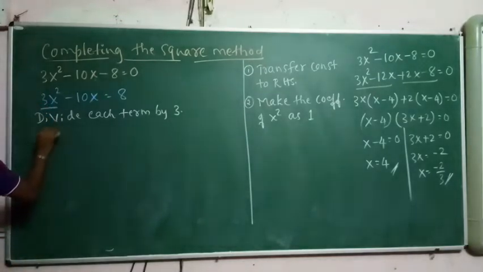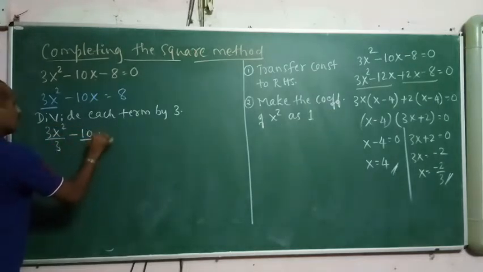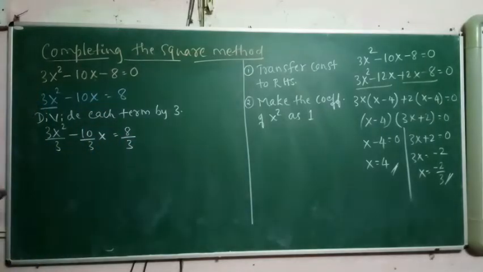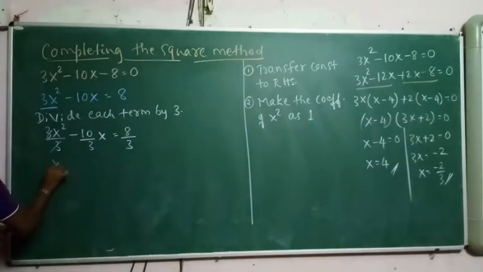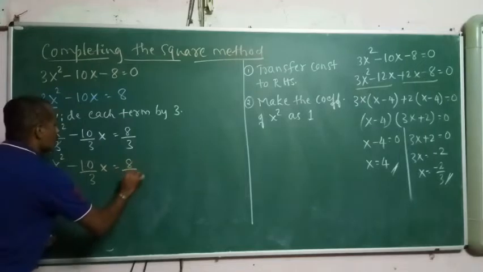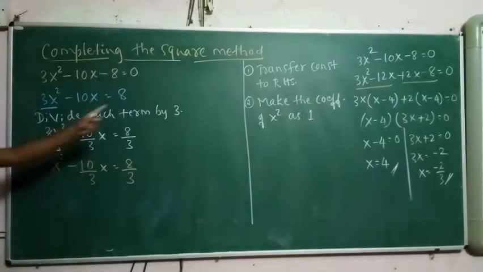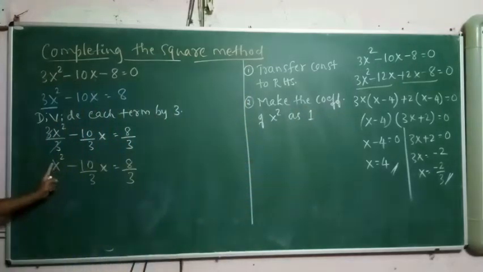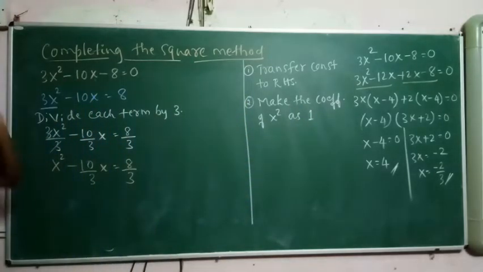Divided by 3, I will write one step for you: 3x square by 3 minus 10 by 3x is equal to 8 by 3. The 3 gets cancelled. What is left is x square minus 10 by 3x is equal to 8 by 3. See, the second step: make the coefficient of x square as 1.